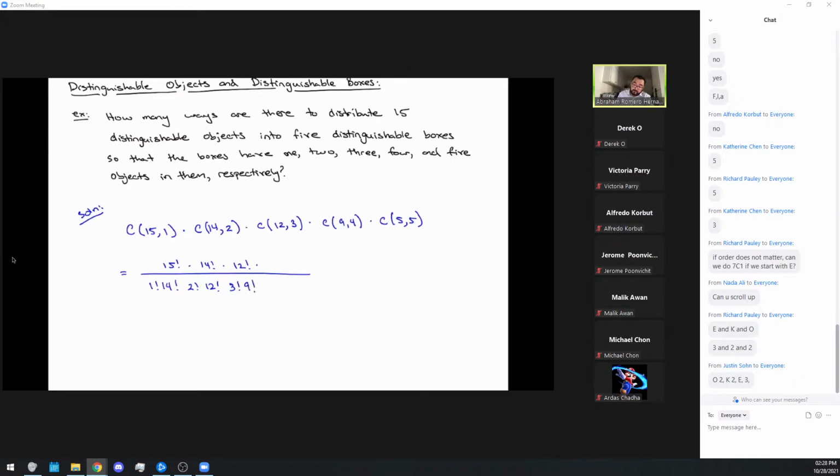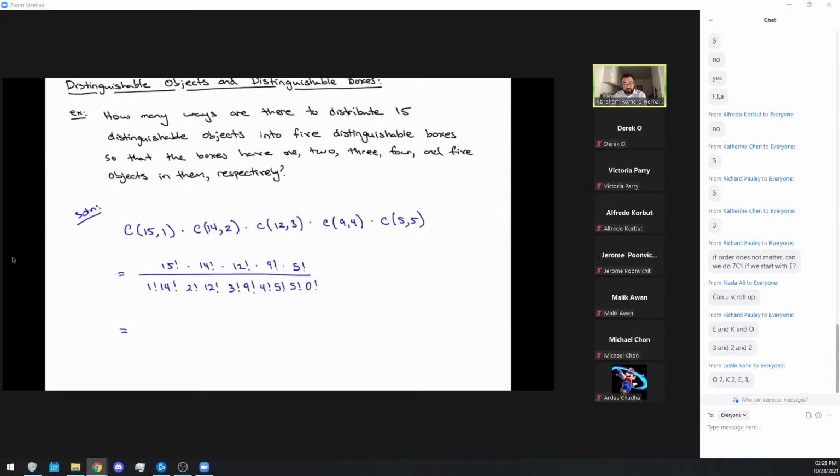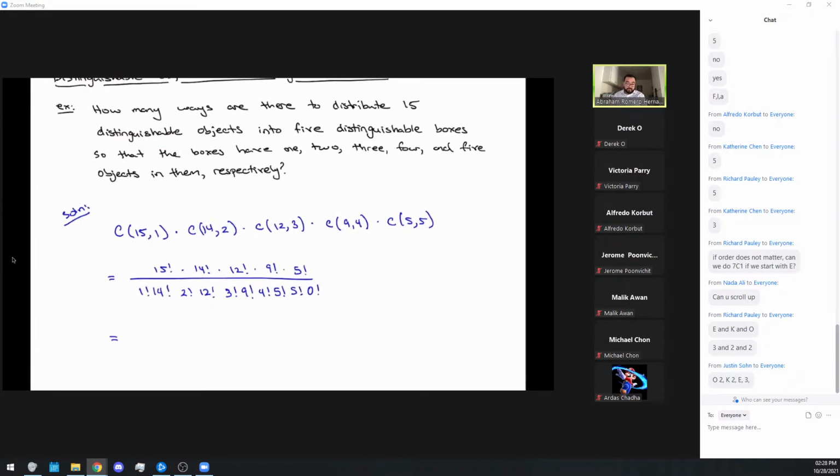Then on the numerator for 9, comma 4, 9 factorial, and this will be 4 factorial, 5 factorial. And the last one, 5 factorial on the numerator, 5 factorial and 0 factorial. But if you look closely, notice that the 14s cancel out, the 12s cancel out, the 9s cancel out, and the 5s cancel out.